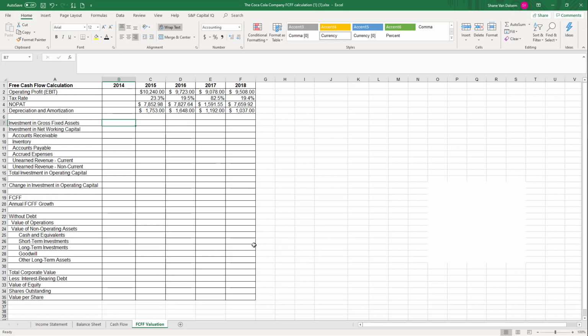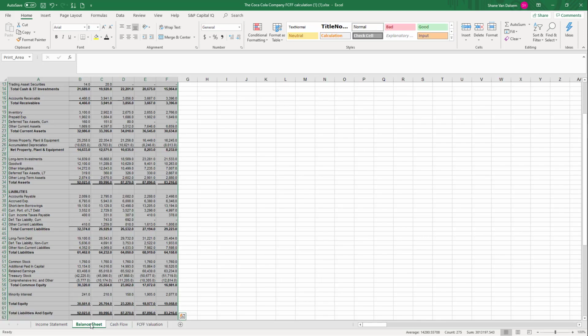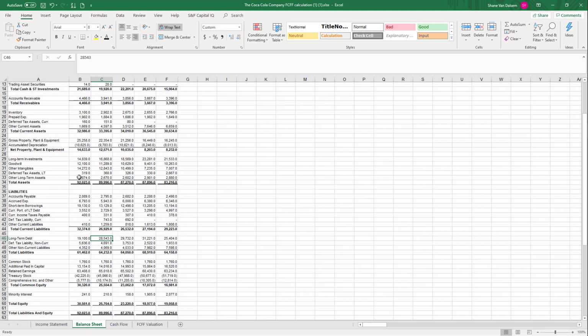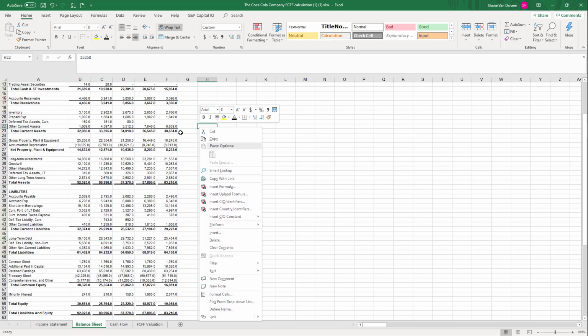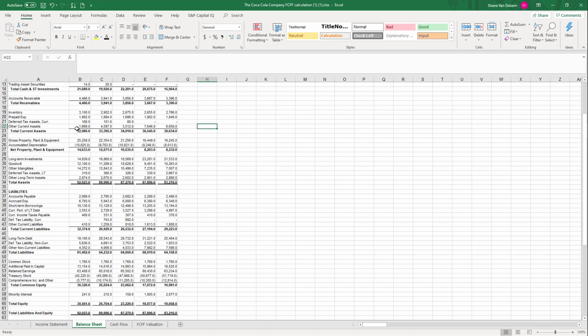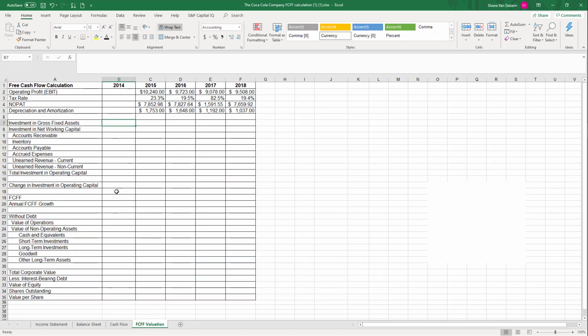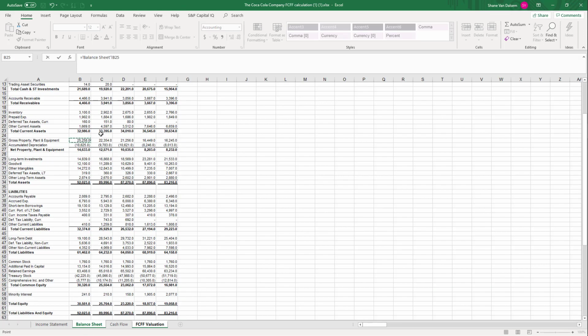So our investment in gross fixed assets is just the value of the gross fixed assets on the balance sheet. So I'm going to go here to gross property, plant, and equipment. So equals. Then I'm going to go here on the balance sheet to gross property, plant, and equipment.